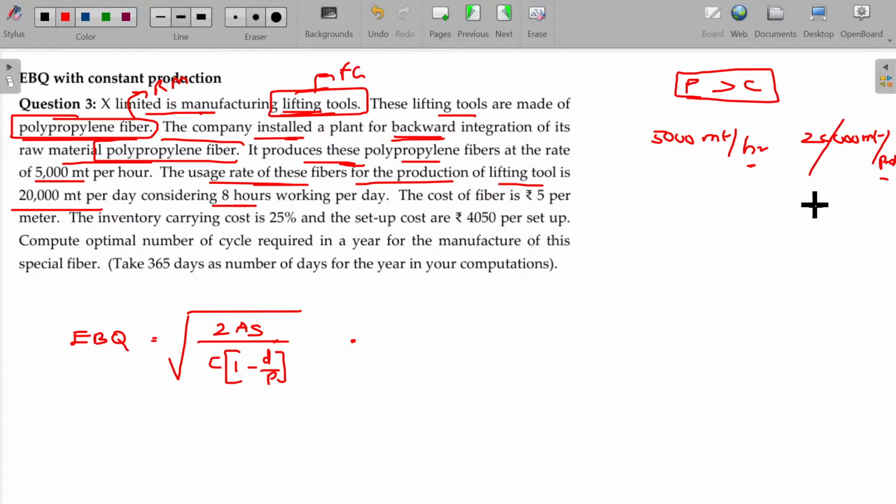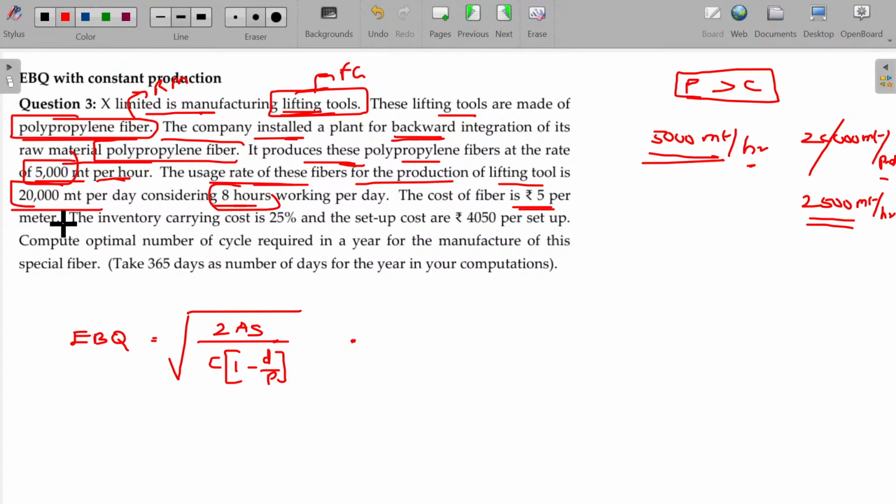Then you can convert that to per hour: 2,500 metric ton per hour. See, production is higher and consumption is slower. So they have slightly twisted it. This one is given on per hour basis, this is given on 8 hours basis. So you have to convert both into the hourly basis and then you can proceed further.